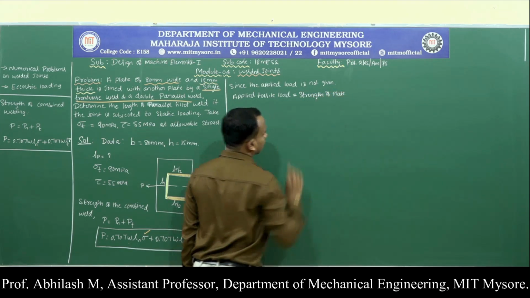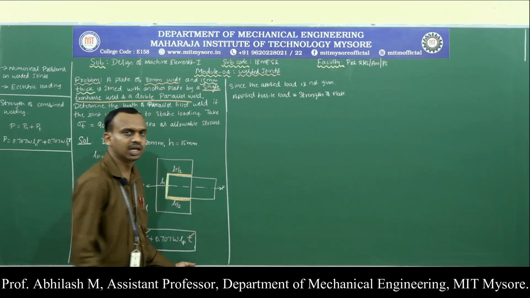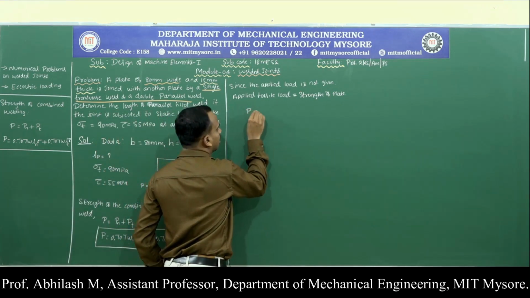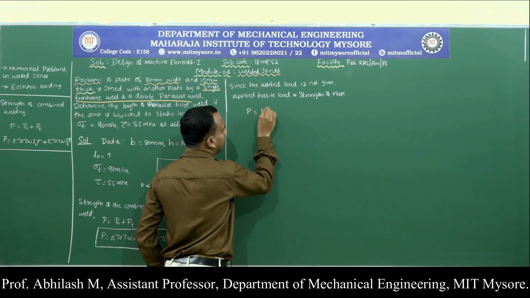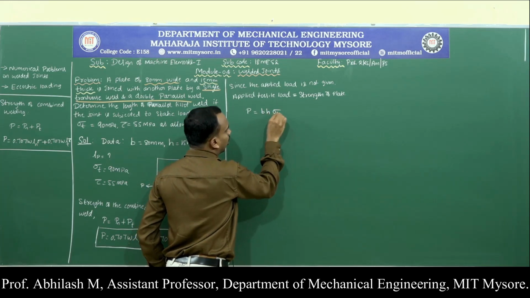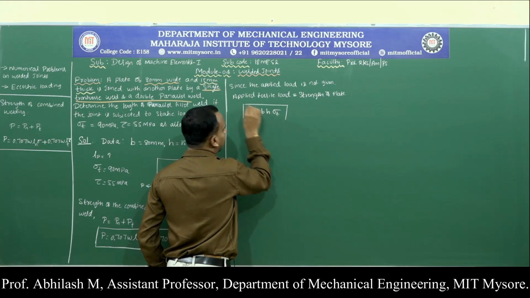We know how to calculate the strength of the plate. So the applied tensile load is denoted by the term P. This P will be equal to width of the plate into thickness into the allowable stress of that particular plate.